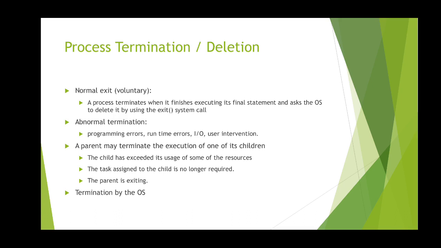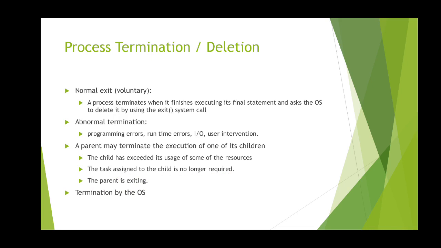A second method of process termination is abnormal termination. Here, due to some program errors, runtime error, input-output error or user intervention, the operating system will terminate the process forcefully. Sometimes the parent process may terminate the child process, and this may happen because the child has exceeded its usage of some of its resources, or the task assigned to the child is no longer required, or the parent is exiting.